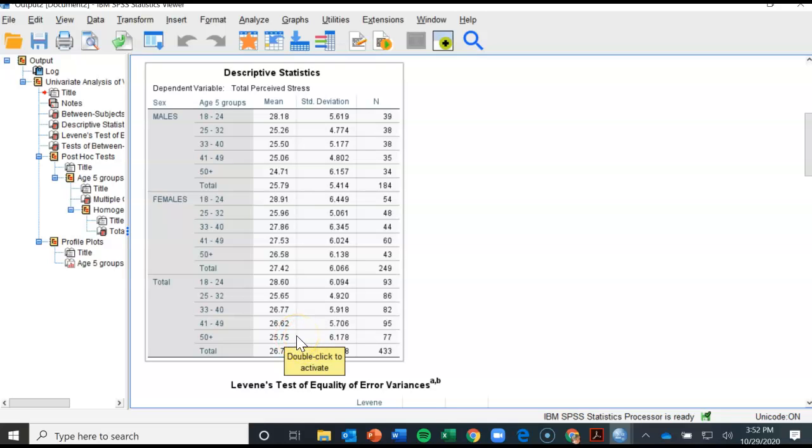And we'll need to look at the post-hoc test before we can determine where that difference is. But right away, we can take a peek at the pattern. The highest mean is with the youngest group. Then you have some middle values in the middle age groups. The lowest values are for the 25 to 32-year-olds and the 50-plus group.